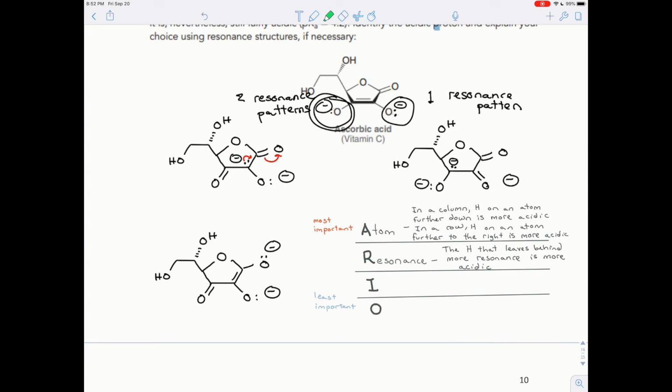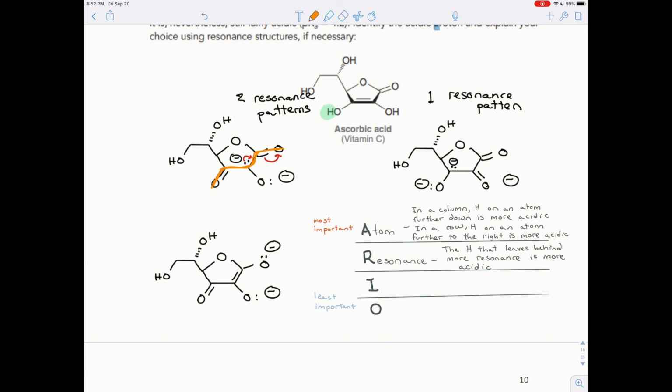And so the hydrogen that was on this oxygen, that is the most acidic hydrogen in the whole molecule. Because when it leaves the molecule, it leaves behind a lone pair that can get spread out over 1, 2, 3, 4, 5 atoms.